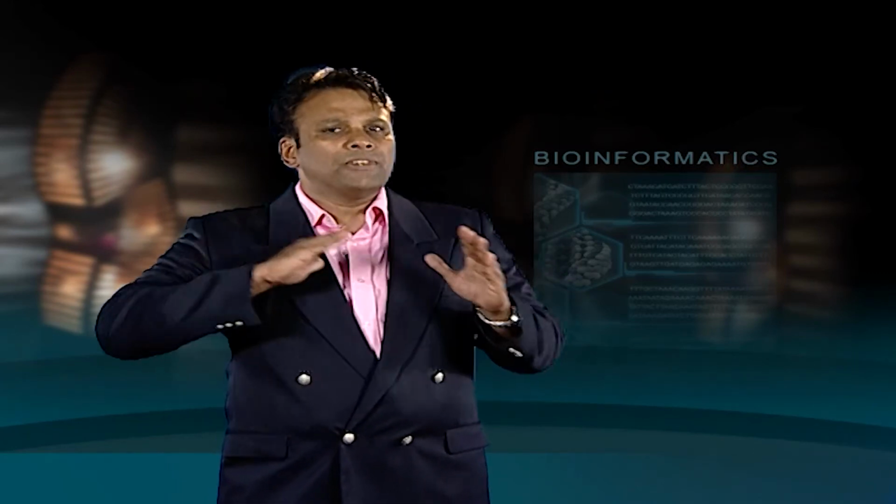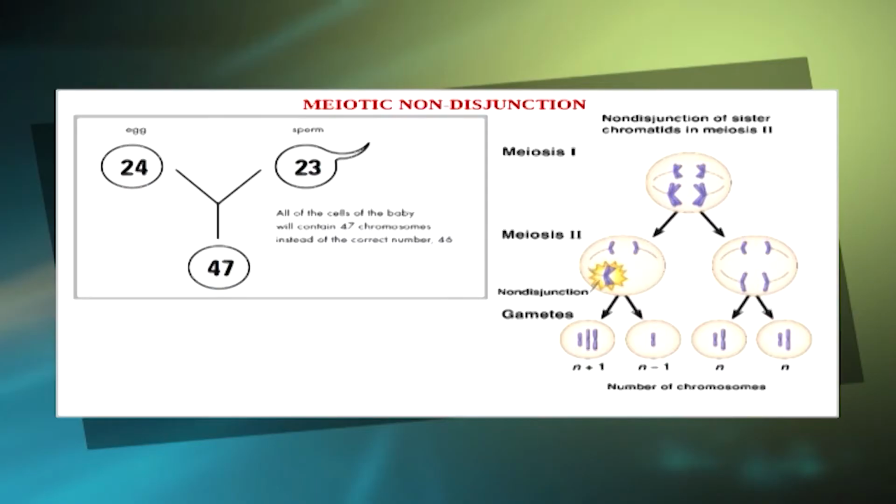When the gamete with 22 chromosomes is fertilized by a sperm containing 23 chromosomes, a zygote with 45 chromosomes is produced. When a gamete with 24 chromosomes is fertilized by a normal gamete, the zygote contains 47 chromosomes.